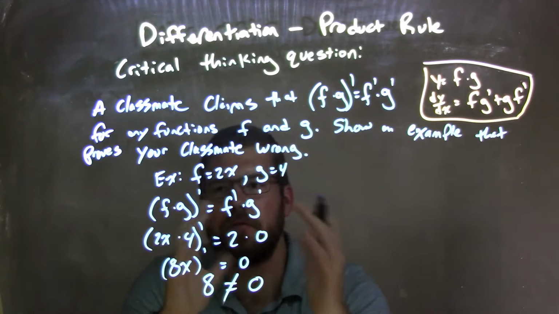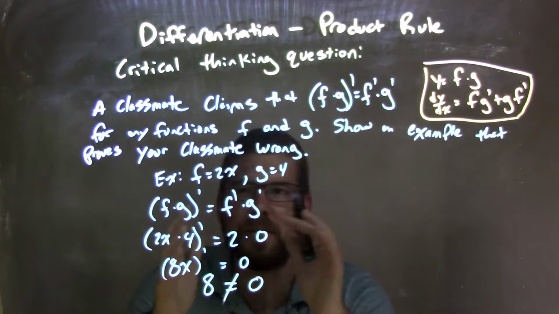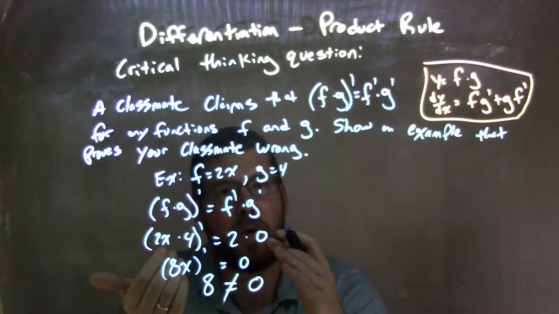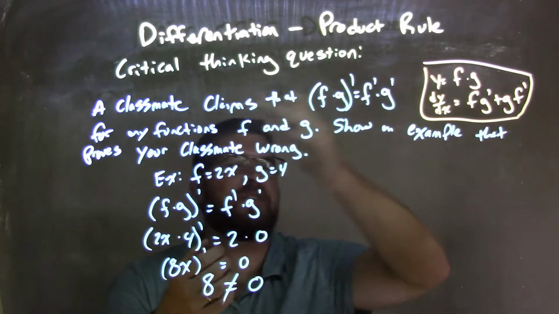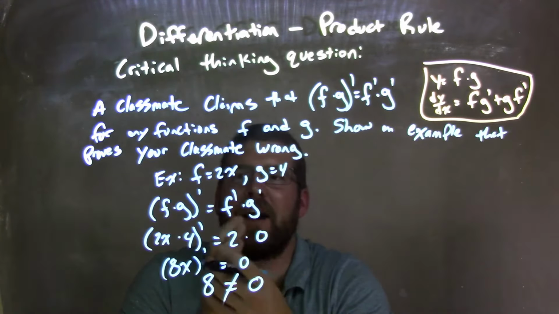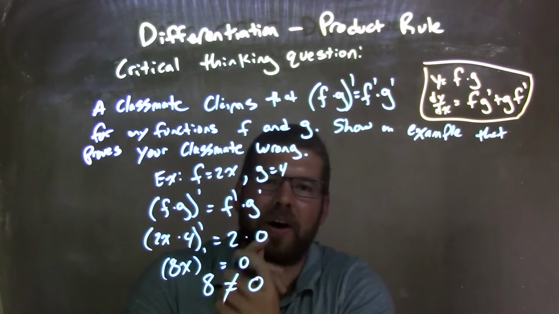So you have to test some different things out, because once we find one way that it's incorrect, that means the claim is incorrect in general. So it's kind of easy to prove that something's wrong in that way.